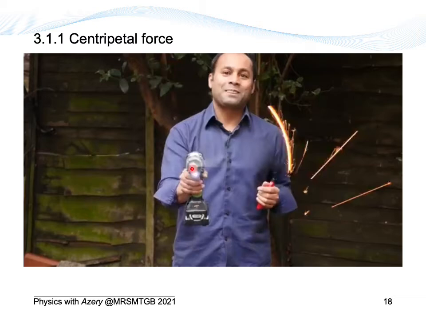You can see that this is the center, and between this firework and the center there is a centripetal force, and this thing here shows the direction of the velocity of the object. You can see that it is making a straight line, right? So to get more understanding, let's see the next video.